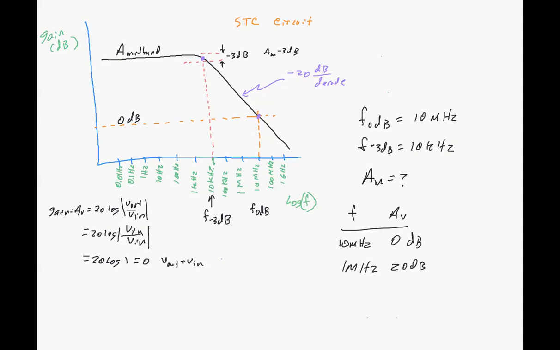And at 100 kilohertz, we would be at 40 dB. And so at the minus 3 dB frequency at 10 kilohertz, we would be at 60 dB. So that must mean that AM is 60 plus 3, which is 63 dB.